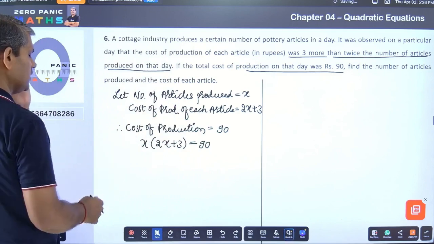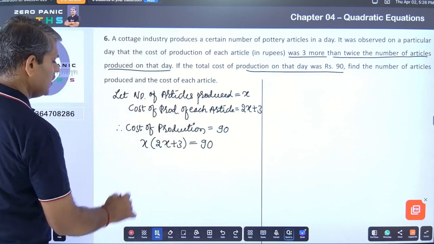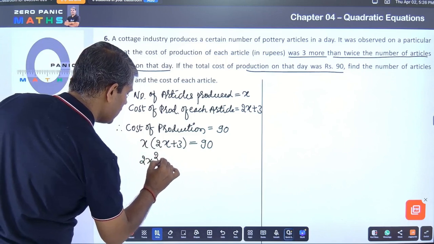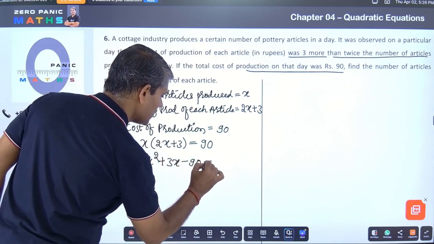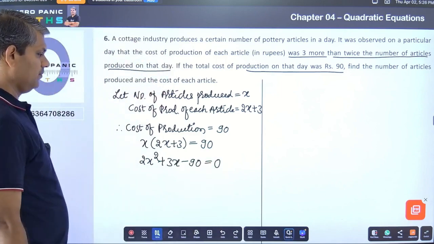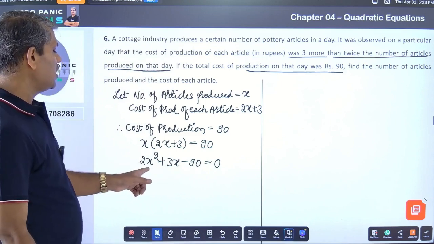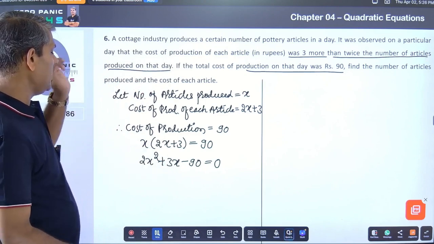Now solve this question. Let me write it correctly. x into 2x is 2x square plus 3x minus 90 is equal to 0. So we need to resolve this quadratic equation to get the solution.